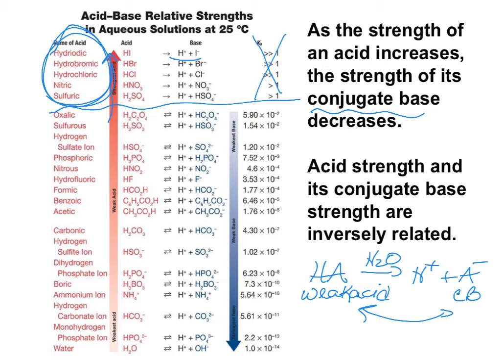But let's talk about weak acids. The stronger the weak acid, the weaker its conjugate base. So what am I saying? Let's take it to an extreme and say we have a strong acid, one of the 7 strong acids.